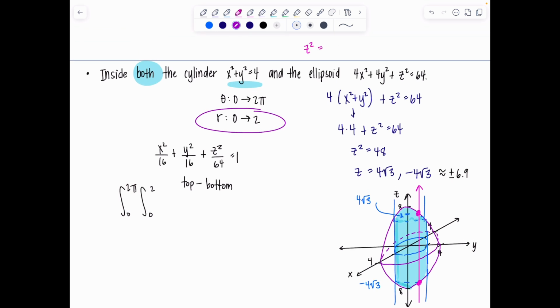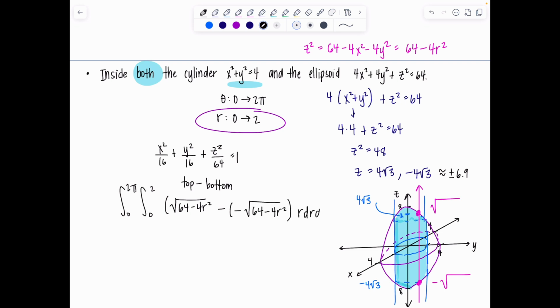Z squared equals 64 minus 4x squared minus 4y squared, which is 64 minus 4r squared. Top half is the positive radical, bottom half is the negative radical. It's going to end up being doubled. Can you see that? Because you're going to have positive rad 64 minus 4r squared minus negative rad 64 minus 4r squared r d theta.